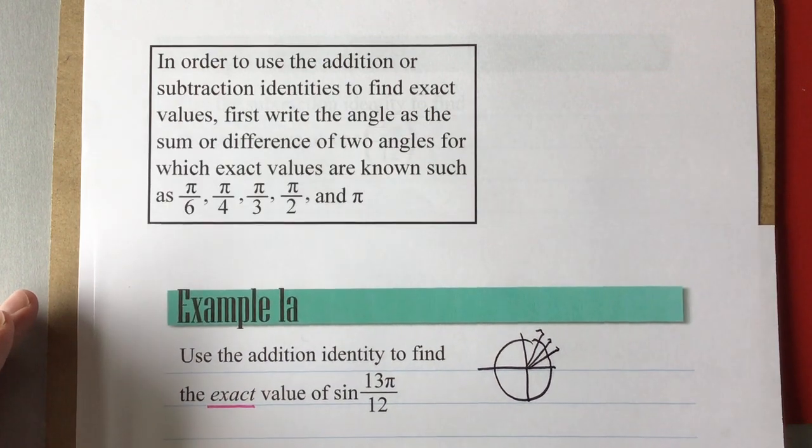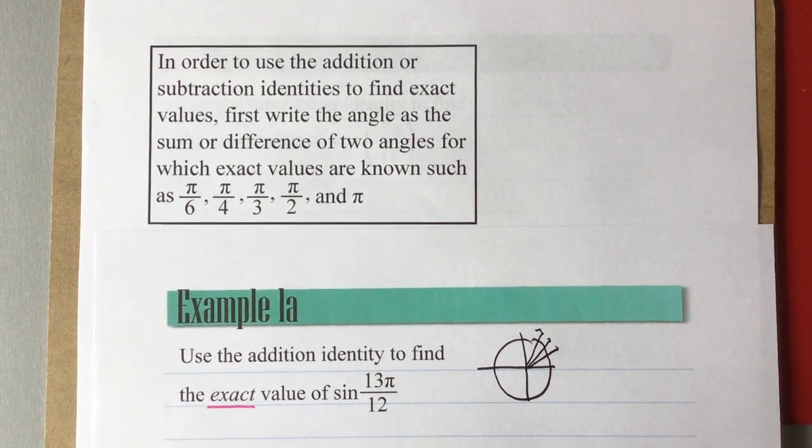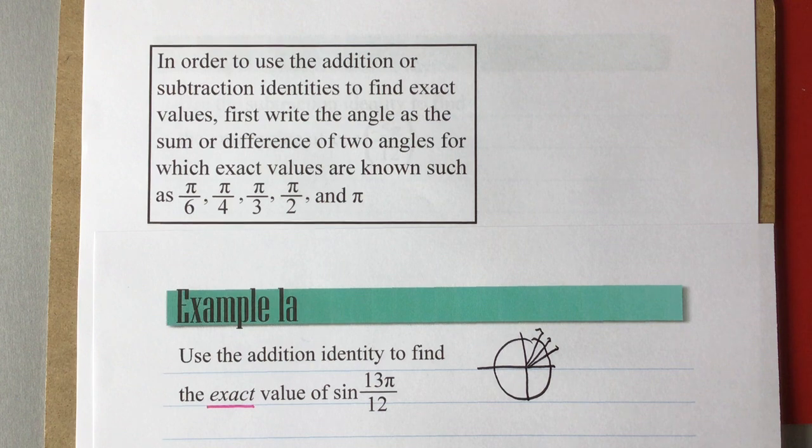In order to use an addition or subtraction identity to find exact values, first write the angle as the sum or difference of two angles for which exact values are known, such as pi over 6, pi over 4, pi over 3, pi over 2, pi, and any multiples of that.